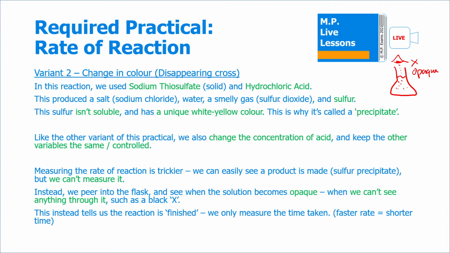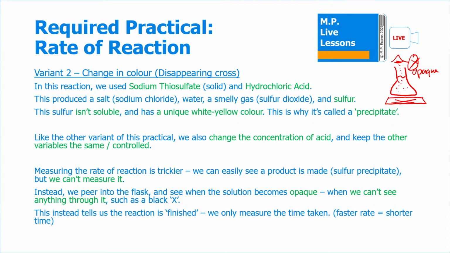And what we have beneath is a little sheet of paper just with a big X on it. And when we can't see that X anymore, it's opaque. So this tells us the reaction is pretty much finished and we only measure the time taken. And the faster rate of reaction this time is a shorter time.